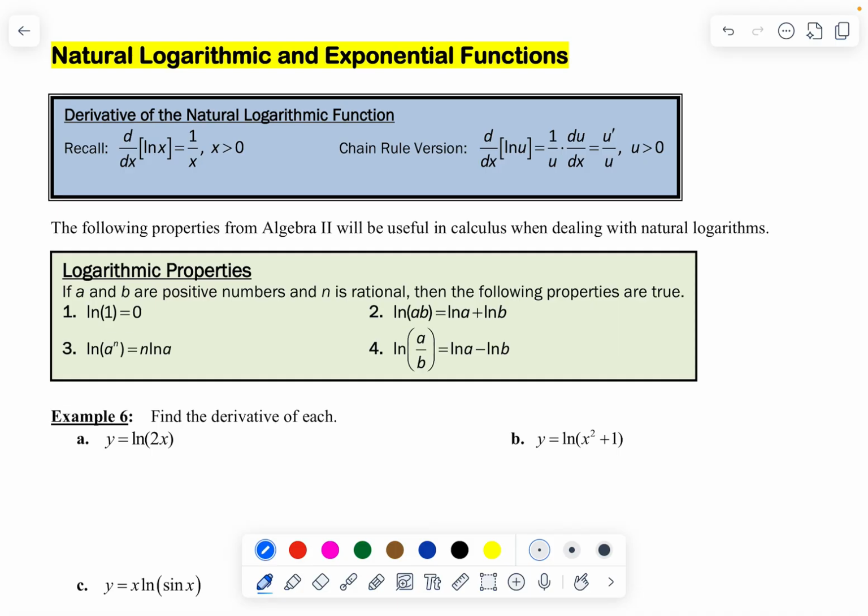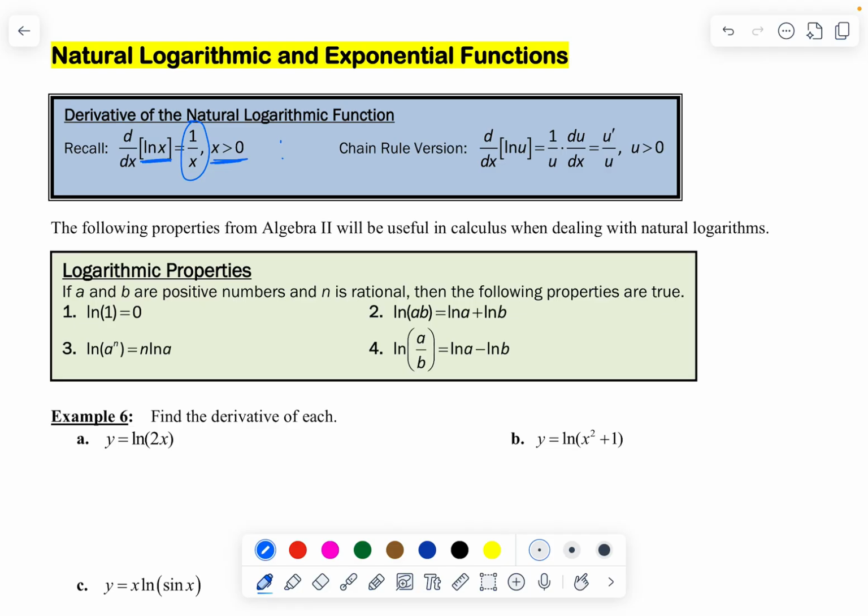All right, natural logs and exponential functions. So here, we're going to have to recall the derivative of ln of x is always going to be 1 over x. And x has to be greater than 0 because obviously if it is equal to 0, this thing is undefined.